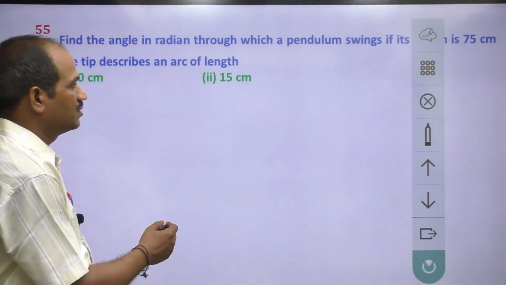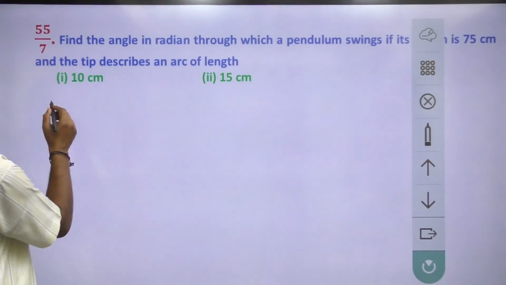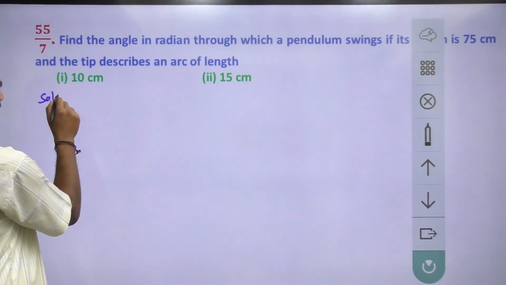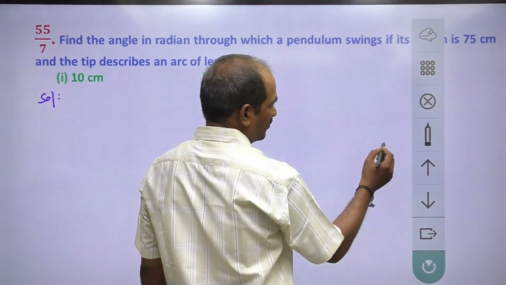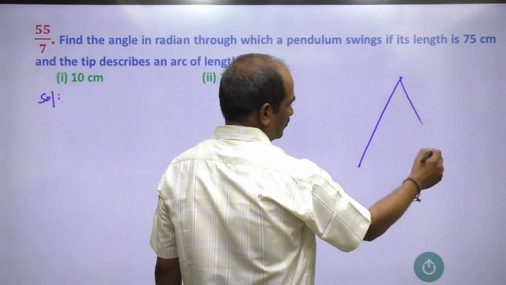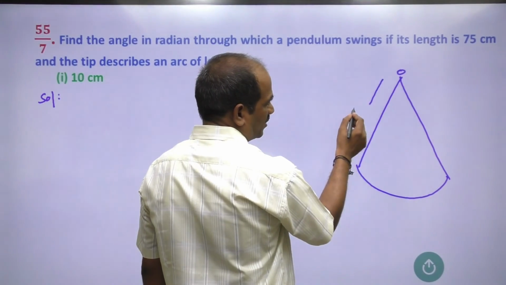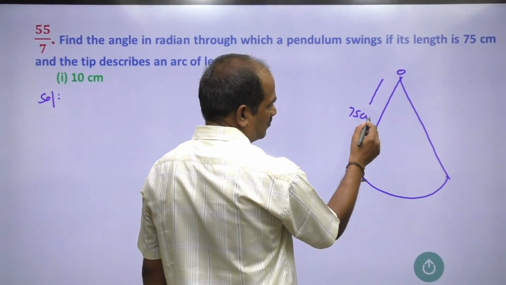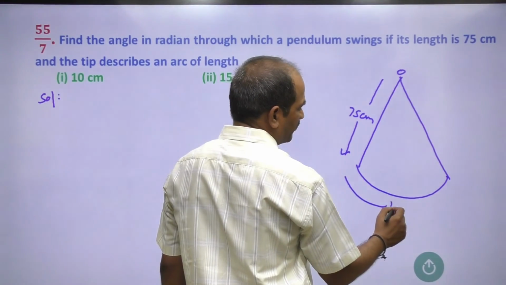Now the second one. First the diagram. This length is 75 centimeters, and the length of the arc is 15 centimeters.